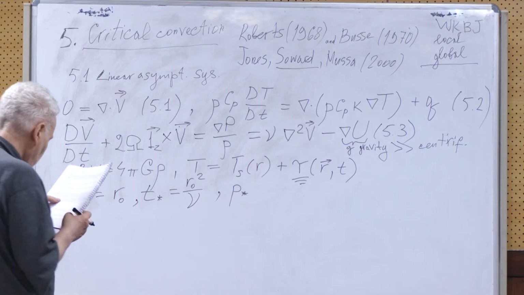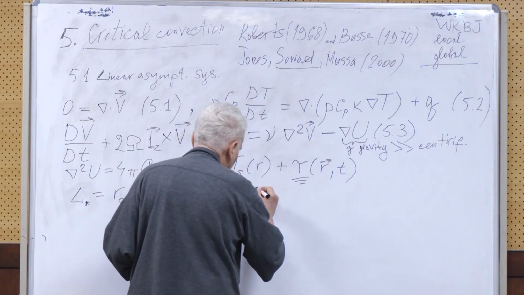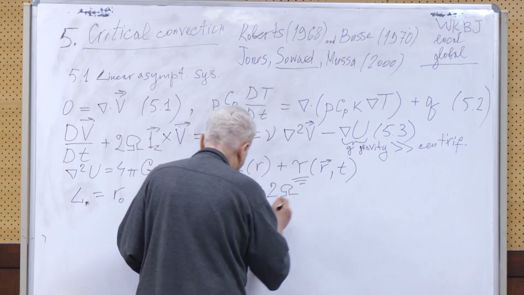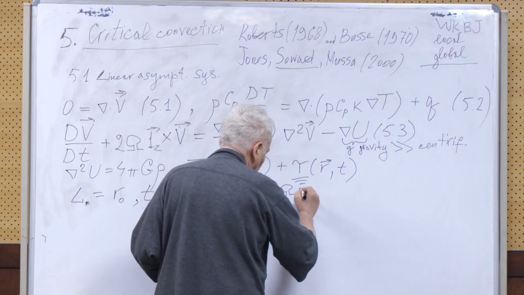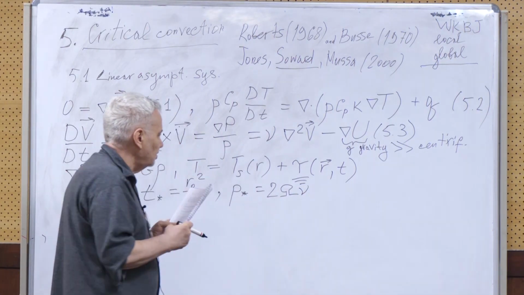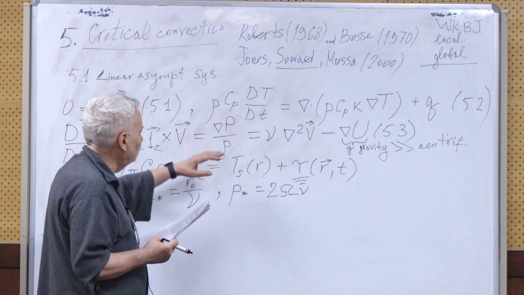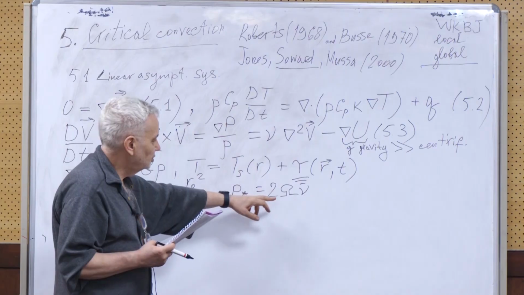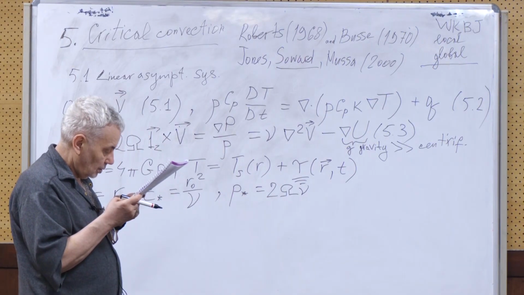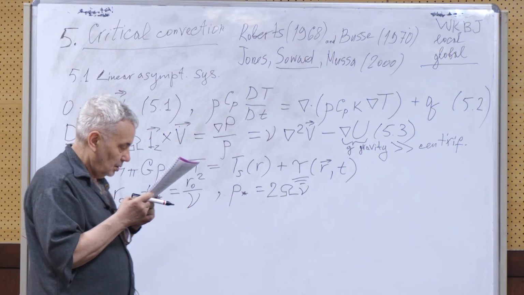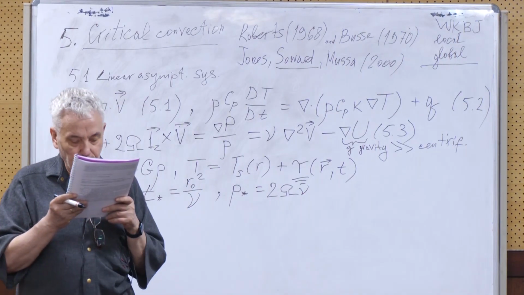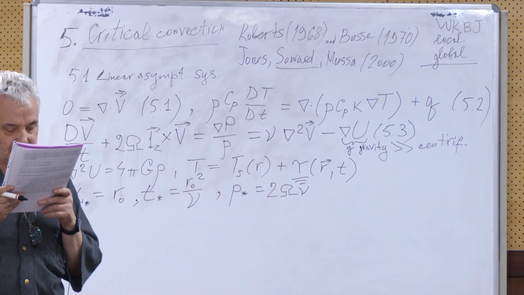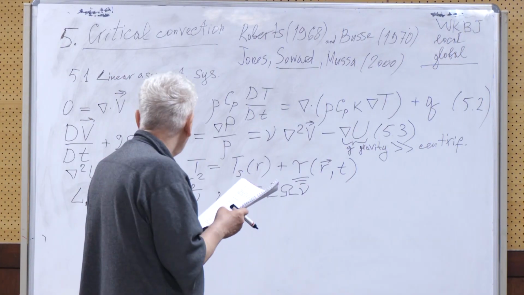So the pressure will have the natural units of 2 omega nu. We use this representation because the pressure, first of all, compensates the Coriolis force. So we use it as a unit. And then, using these units of measurement together with the above parameters, we obtain the dimensionless linearized system of Busse equations.